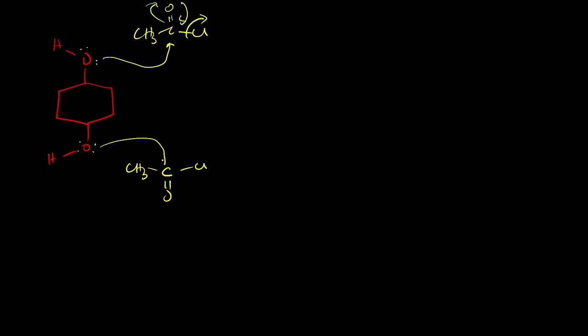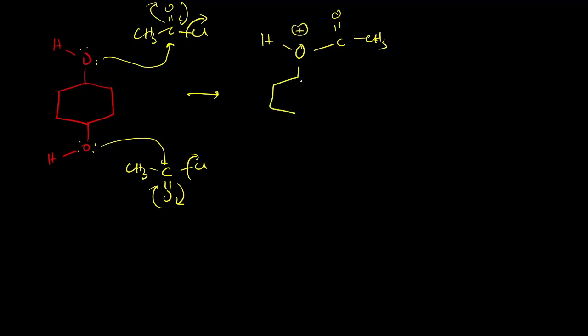Again, the lone pair will approach, and Cl will be eliminated. We get C(=O)CH3 positive on both sides.